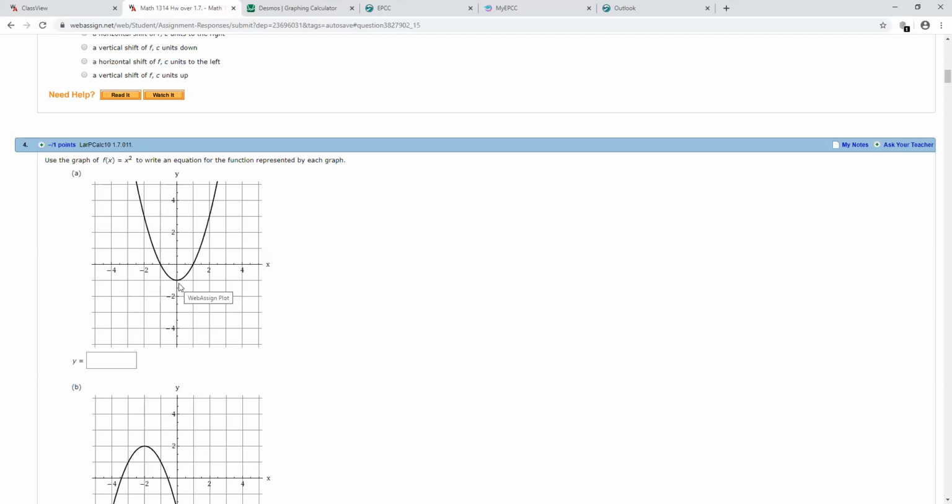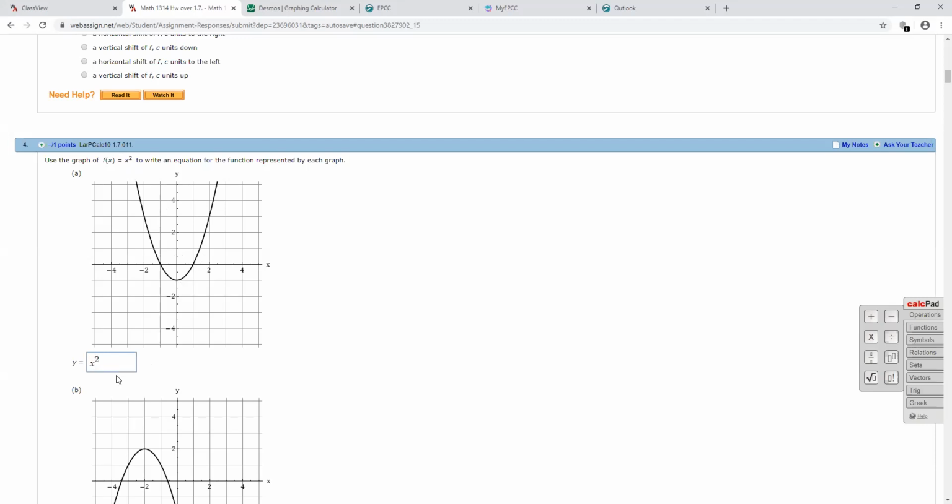The only thing happening here is that this parabola did not change its form. It's just been moved down 1 unit. So to write the equation, it shouldn't be that difficult. We would just write x squared still.